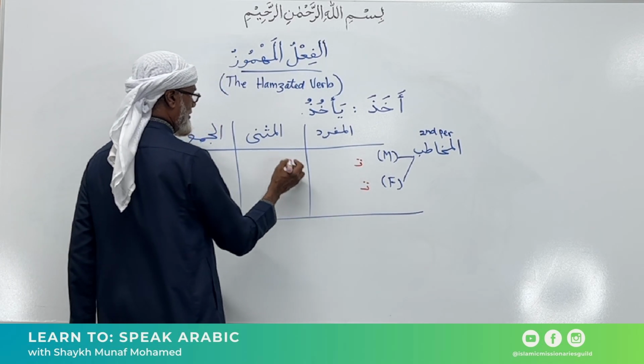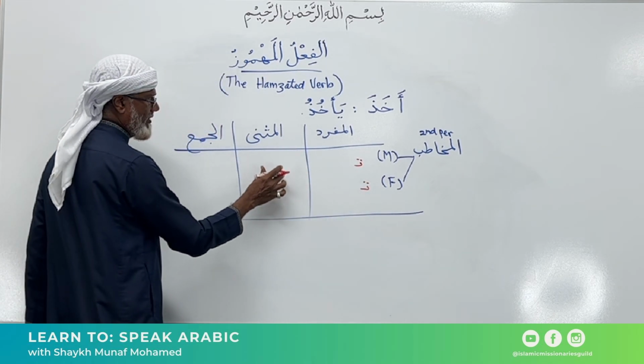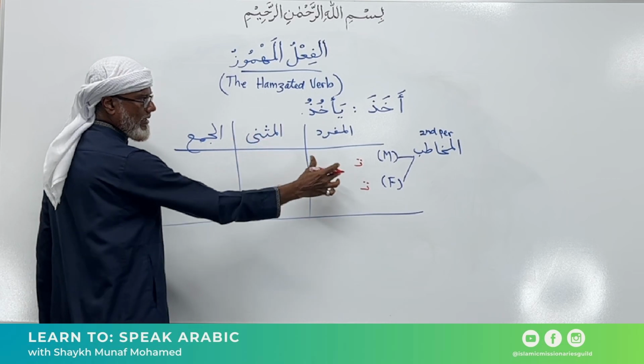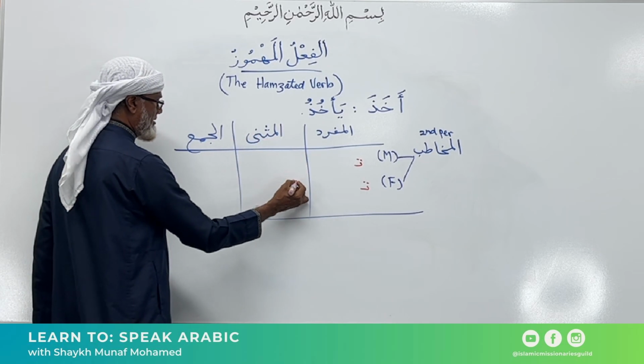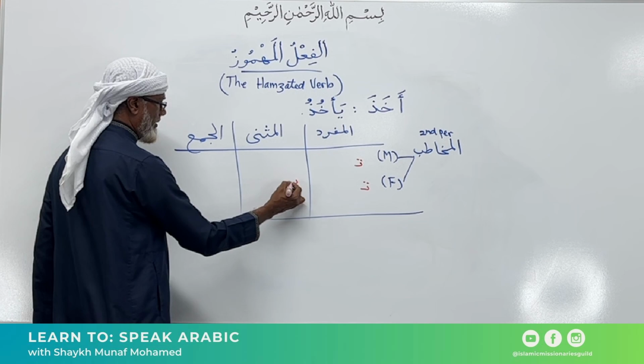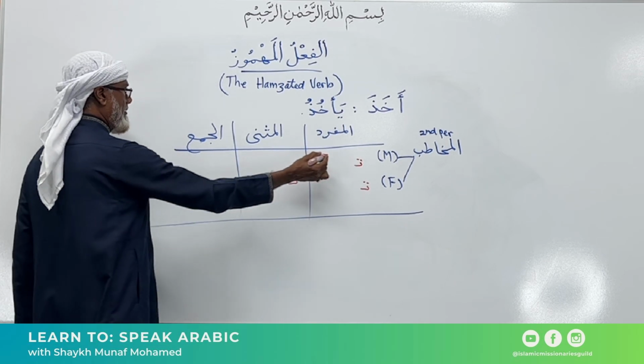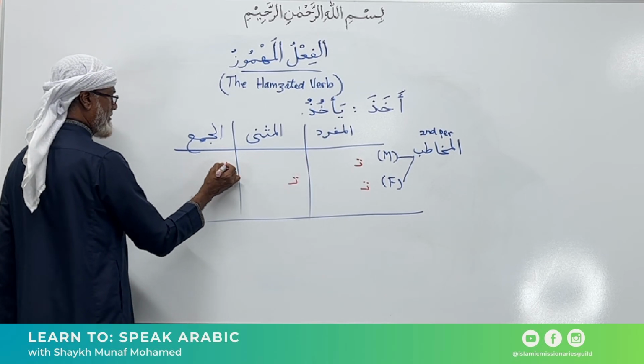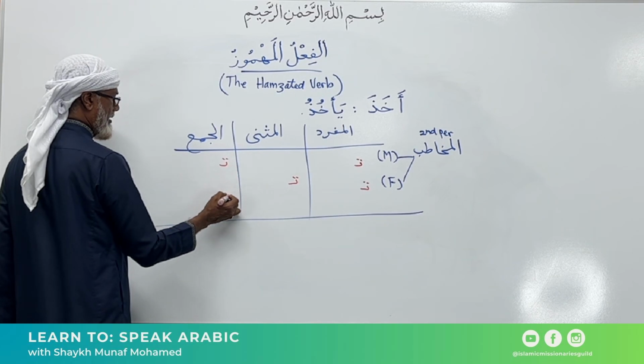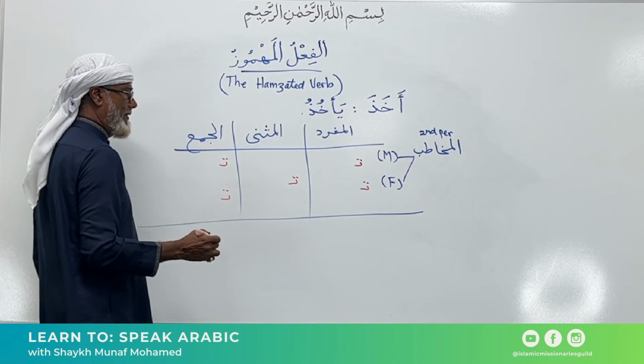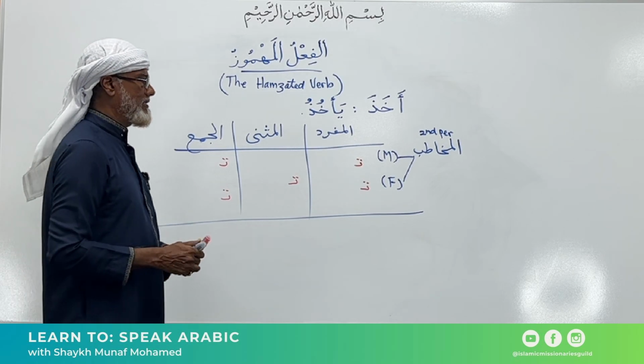All right? These masculine and feminine here in the muthanna column, masculine and feminine is the same thing. So you write it one time. And the masculine here is ta, ta. All right? And here is our verb again.